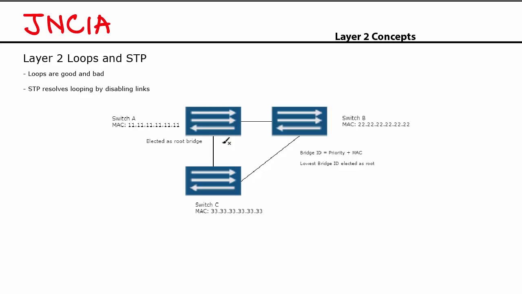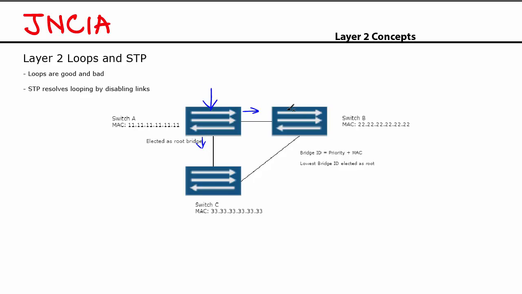But think of this for a moment. Let's assume apart from these two ports here, switch A also has an additional port on which it receives a broadcast. By default, a switch will always forward a broadcast on all other ports other than the one on which it received the broadcast. So switch A received a broadcast on this port, it will forward the broadcast on this port and this port.